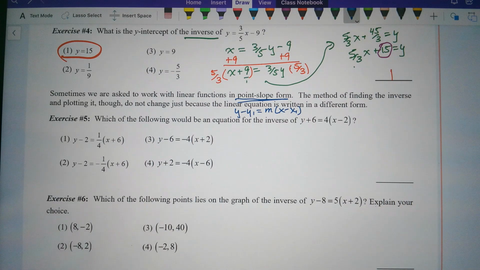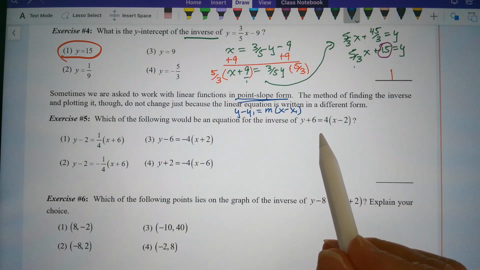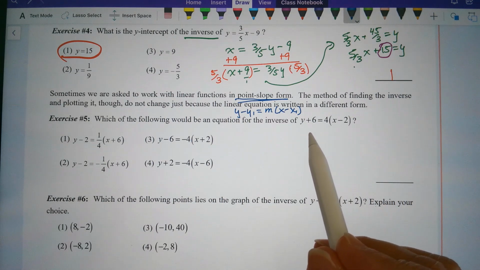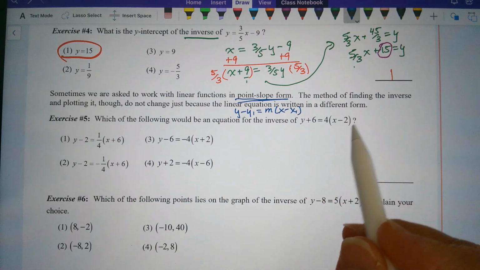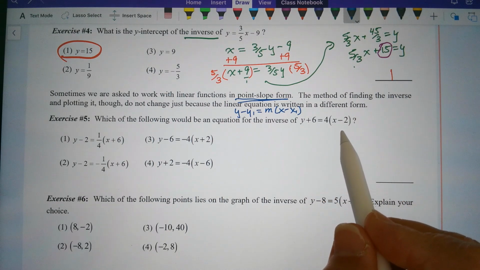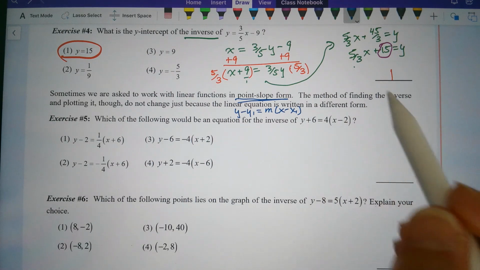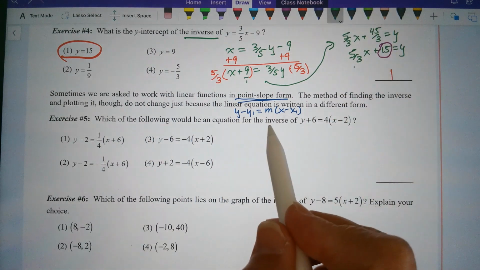Exercise 5, which of the following would be an equation for the inverse of, and here we have y plus 6 equals 4 times x minus 2. So yes, this is point-slope form. The slope would be 4, the point would be 2 comma negative 6. Not that we need to know that.